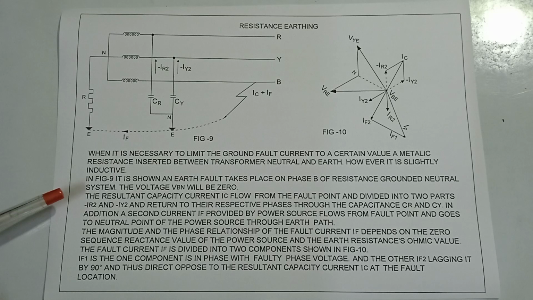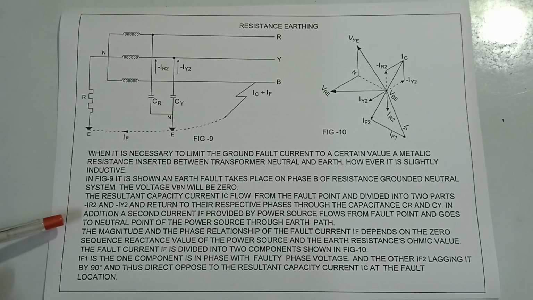The voltage VBN will be 0. The resultant capacitive current IC flows from the fault point and is divided into two parts, minus IR2 and minus IY2, and returns to their respective phases through the capacitances CR and CY.